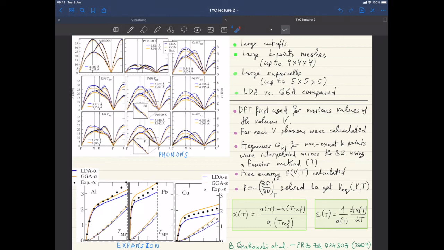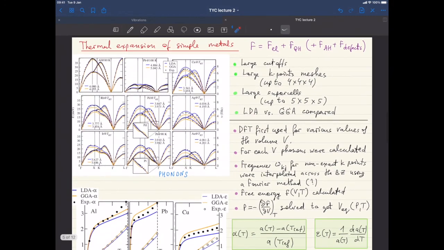And in this case, they performed a very thorough investigation in which not only a quasi-harmonic approximation was fully used, so in other words, the structure was considered at different crystal volumes, and therefore vibrational frequencies were calculated at different lattice sizes. But they have also added contributions of anharmonicity to the calculation, of possible defects.